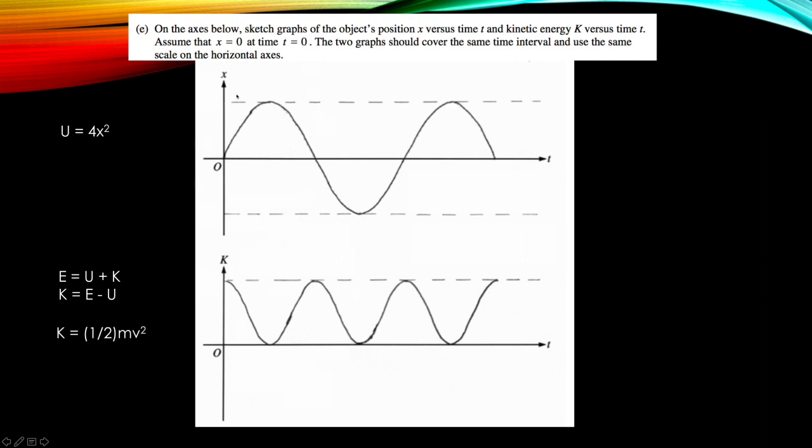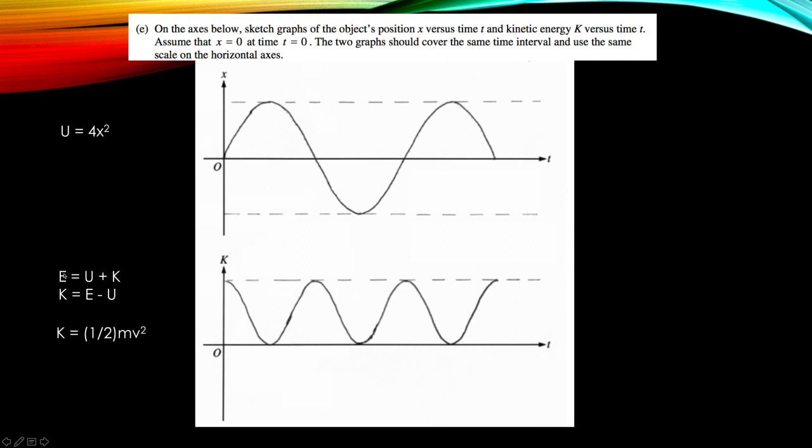Every time x is equal to 0, like right here, and there, and here as well, the potential energy is going to be equal to 0 because it depends on x. So you plug in 0 there, and U is equal to 0. So what happens to energy? Energy is equal to U plus K, but if this term is 0, all the energy is given by kinetic energy. So at those points, kinetic energy is at a maximum. It makes up for all the energy.